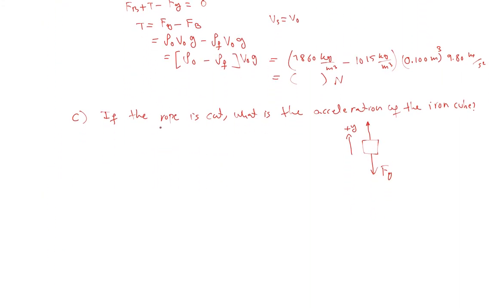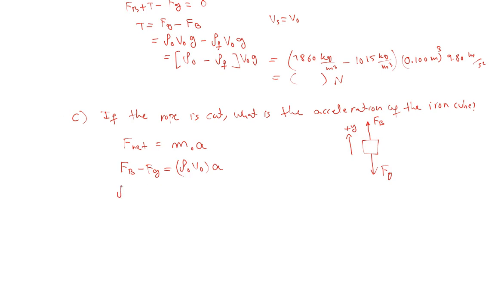Start with F net equals m a, m of the object times a, and F net equals F buoyant minus Fg equals mass of the object, which is rho of the object times volume of the object, times acceleration.